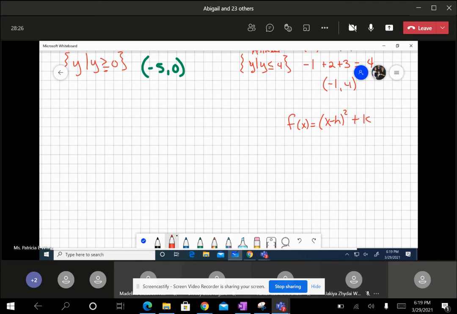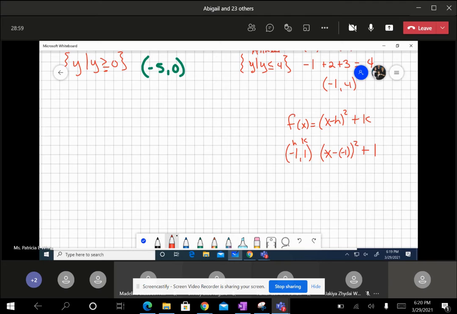So if you are given the vertex and told to write the polynomial, we have the vertex of negative 1 and 1. Right? So negative 1 is my H, and 1 is my K.